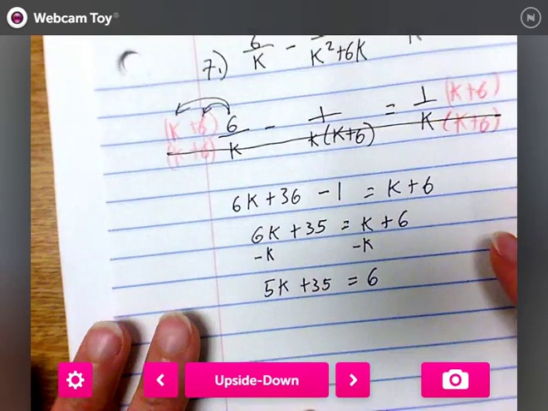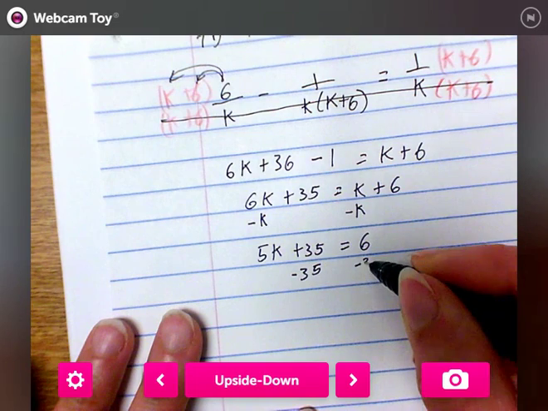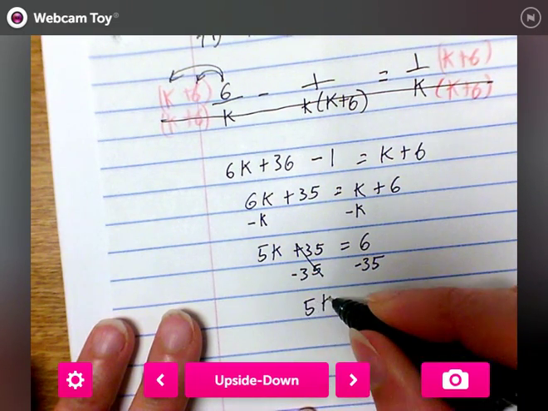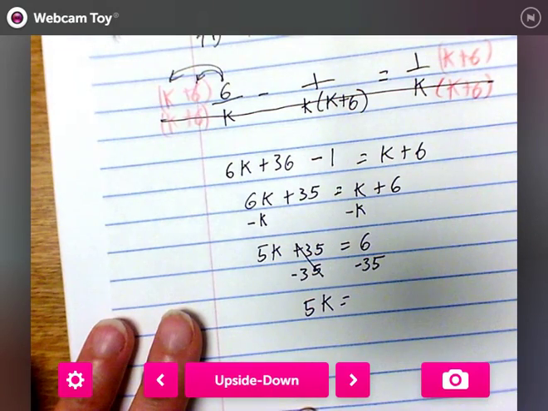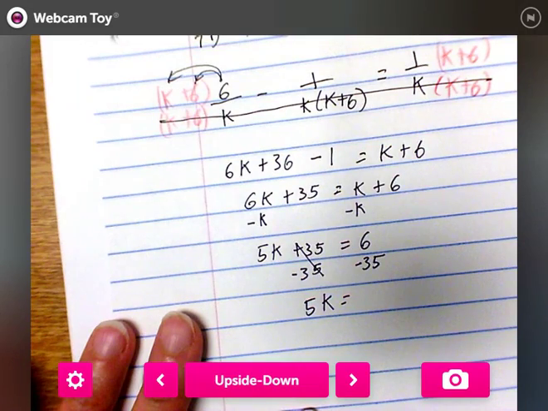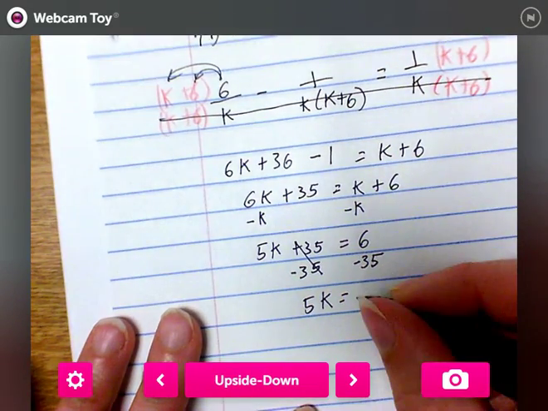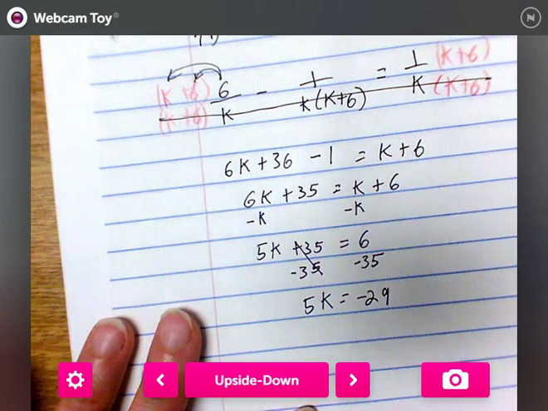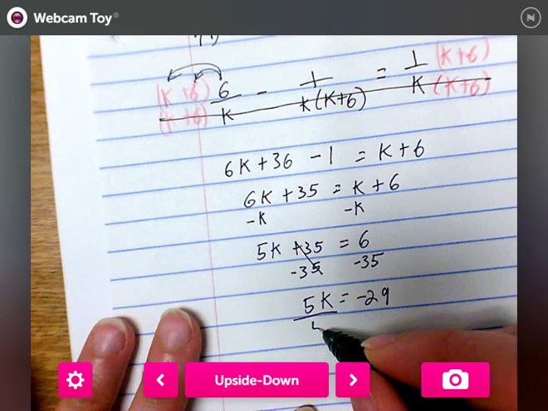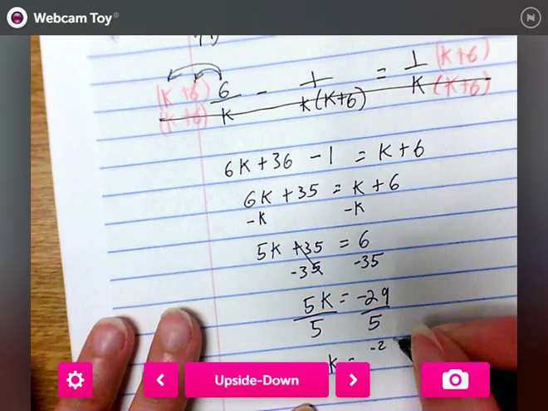Now I'm going to subtract 35 from both sides, right? And I'm going to get 5k equals, and we've got that negative 35 and 6 gives us a negative 29, right? And then I'm going to divide both sides by 5, and I'm going to get k equals negative 29 over 5.